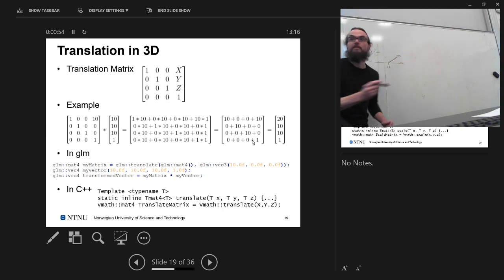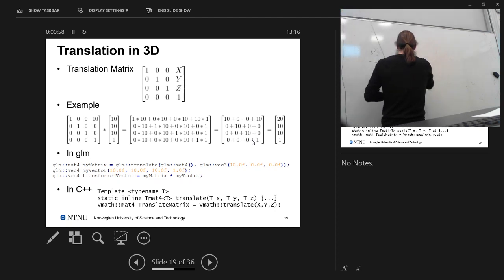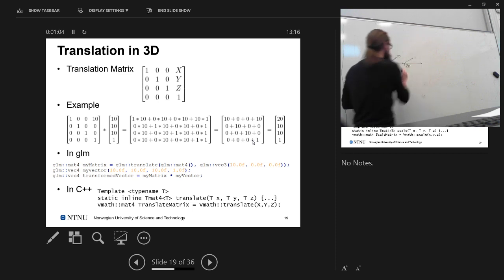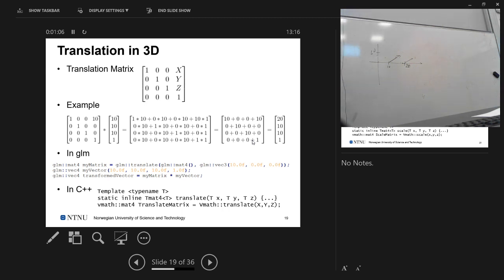And then I just move it 10 more units to the right, so you end up as 20 and 10. And then of course it stays the same in the z direction as well. Like you do with this particular example.